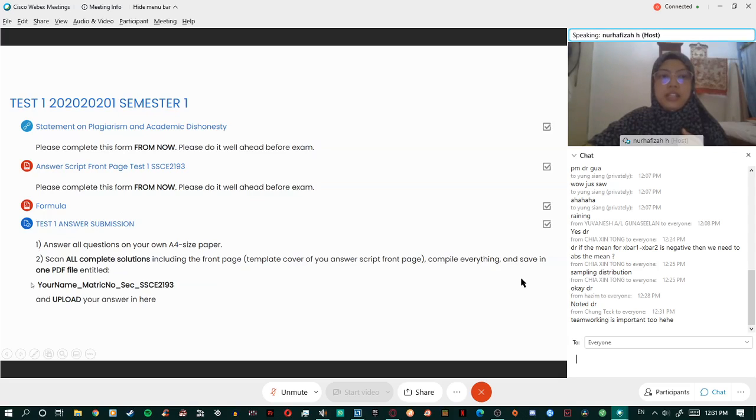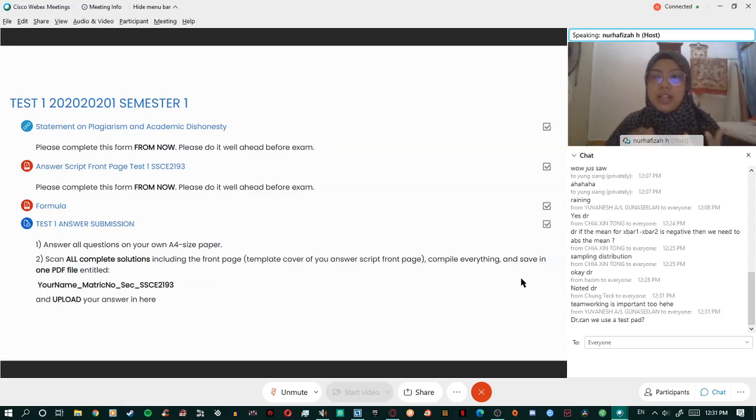If you read these instructions, please answer all questions on A4 size paper. If you don't have A4 paper, it's okay, as long as you send the file to me in the form of PDF.